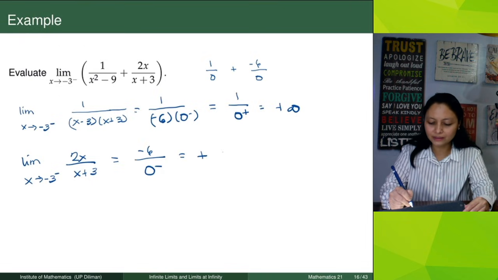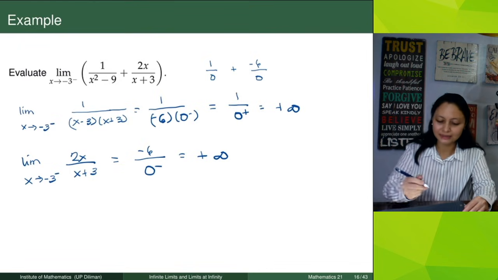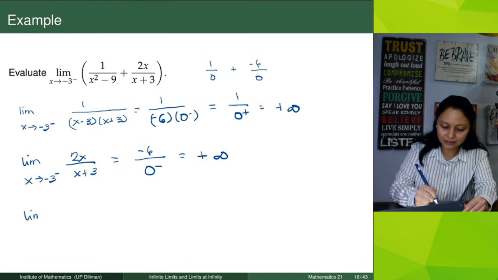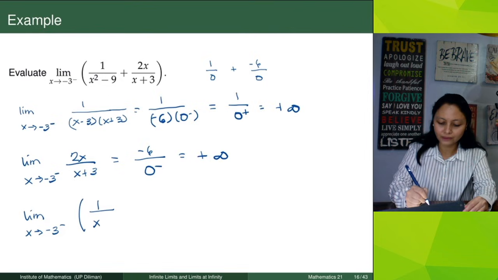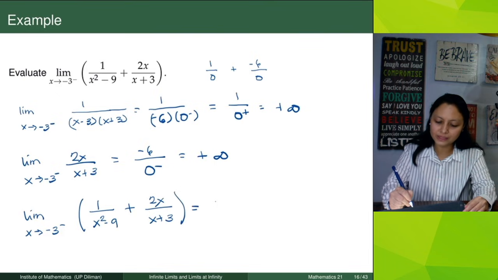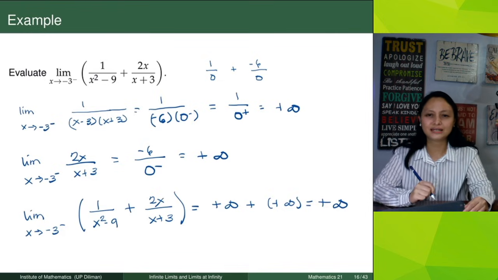Tapos you have 0 in the denominator, so this is positive infinity. Then, summarizing, the limit as x approaches negative 3 from the left of 1 over x squared minus 9 plus 2x over x plus 3 is equal to positive infinity plus positive infinity. So we're sure that this is equal to positive infinity.